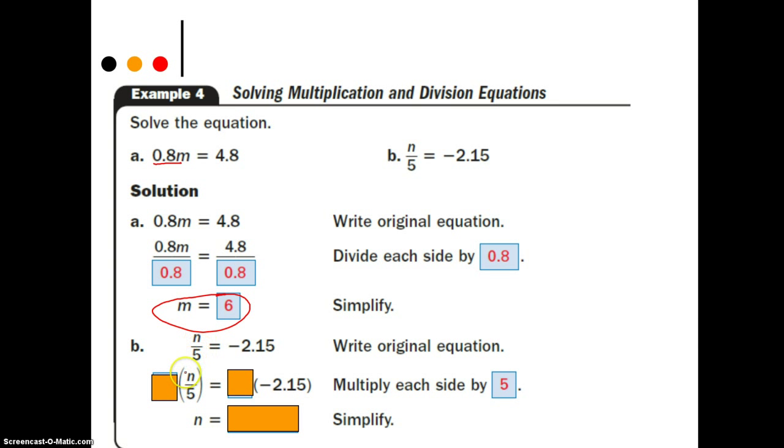N divided by 5, instead of dividing, we use the inverse, which is multiplying. Multiply by 5. Set it up. Take a second and multiply this. Pause the video if you need to. 2 decimal places, the answer is negative 10 and 75 hundredths.